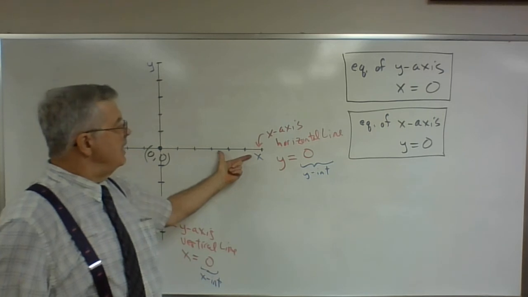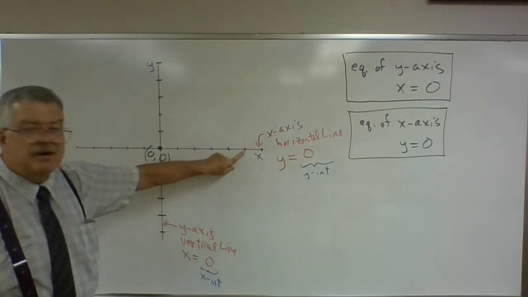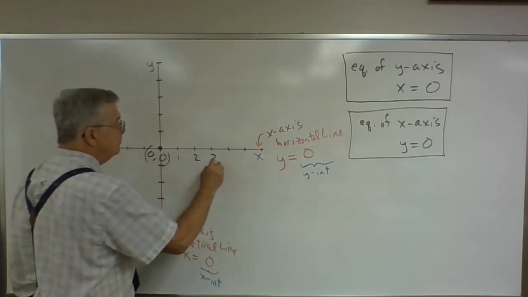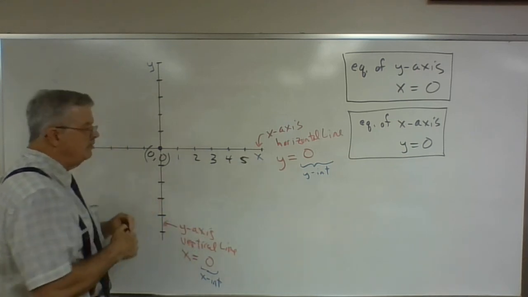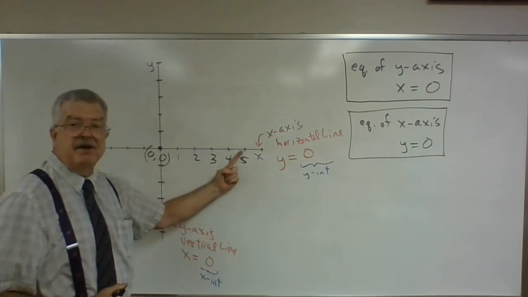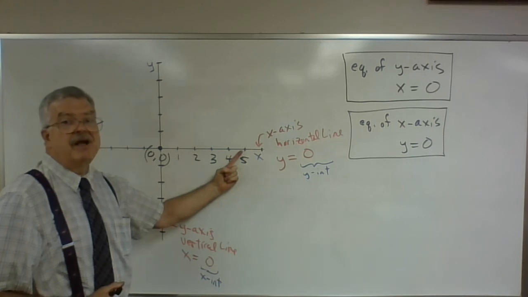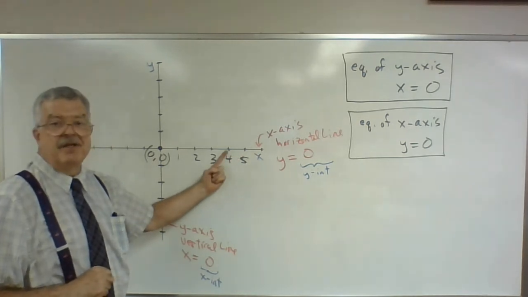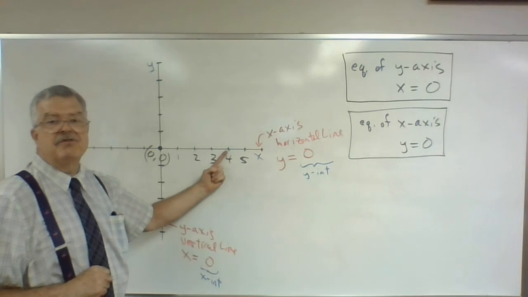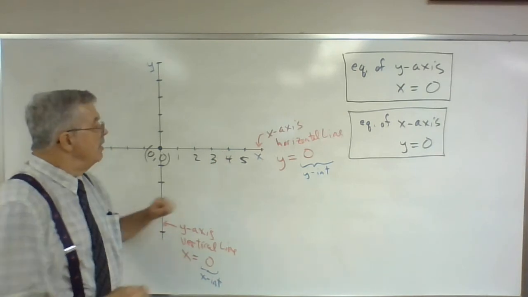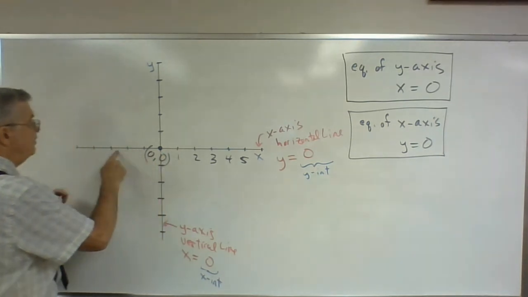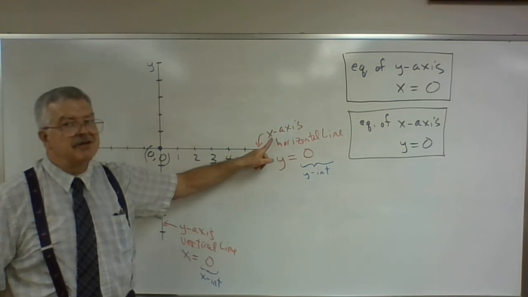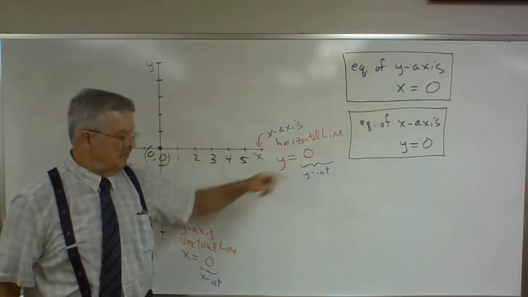X-axis, that's this line right here. What's the y coordinate of that point? Let's see, here's x equal 1, x equal 2, x equal 3, x equal 4, x equal 5. This point right here, the x coordinate is 5, what's the y coordinate? 0. This point right here, the x coordinate is 4, what's the y coordinate? 0. The y coordinate of every point on the x-axis is 0. So the equation of the x-axis is y equals 0.